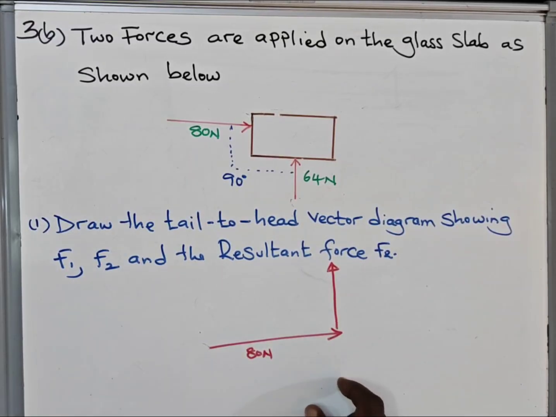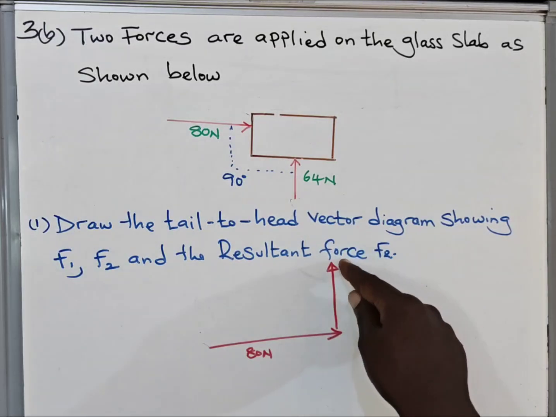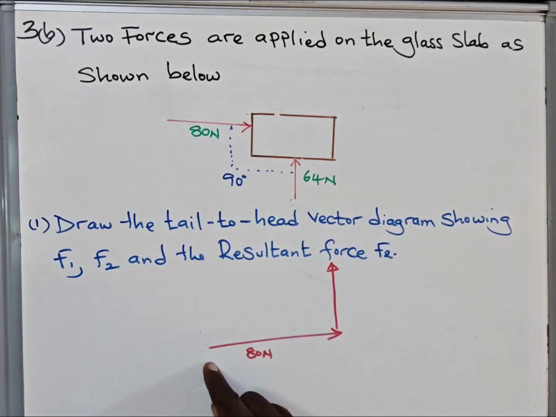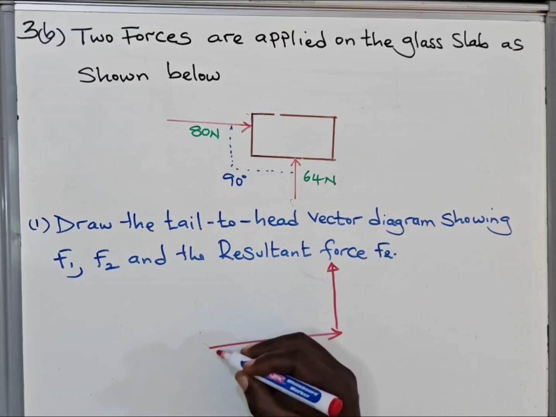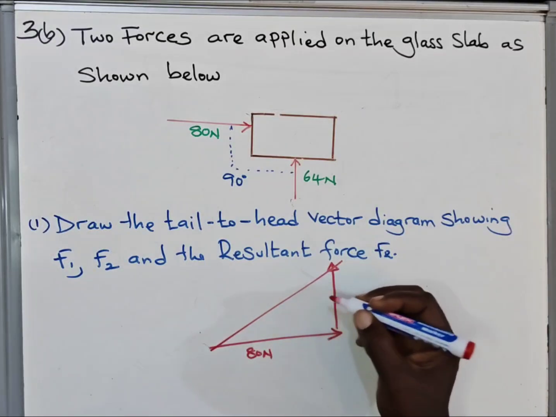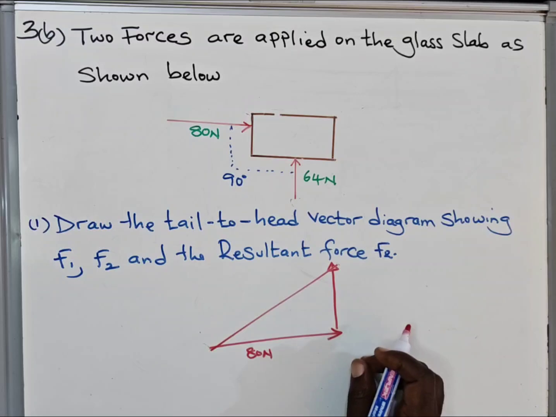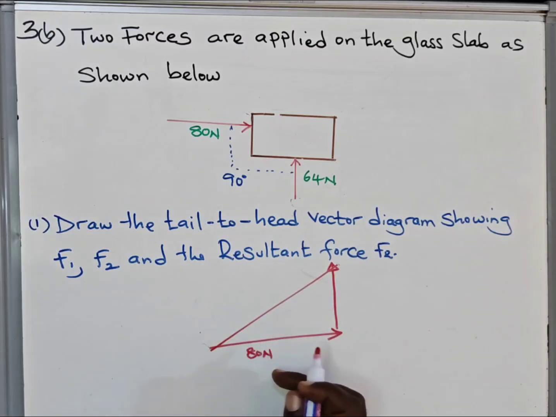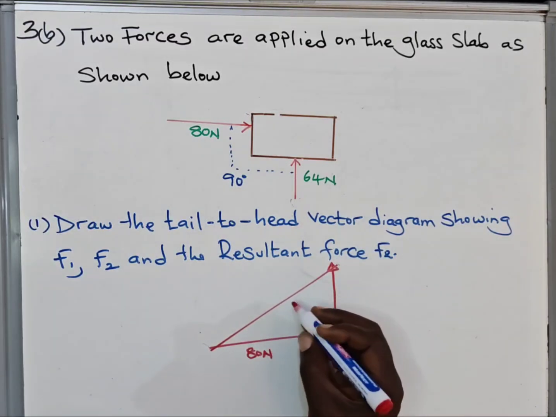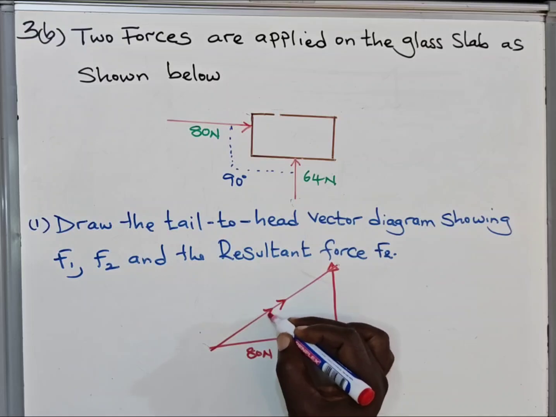After that, we draw the resultant. The resultant must be between this head and this tail, and that is it. Now next we find the direction of the resultant. It must be in the same direction as these two, so that is that.